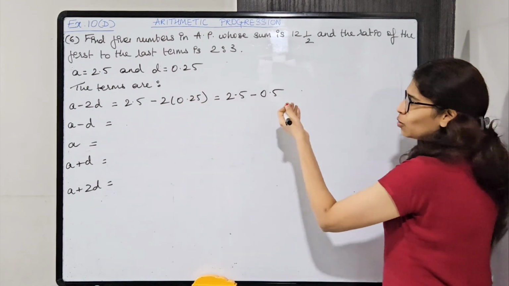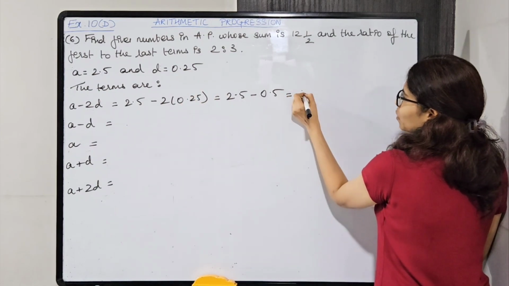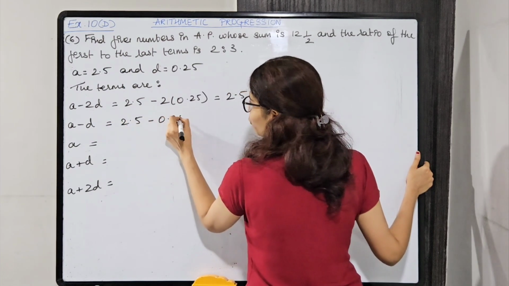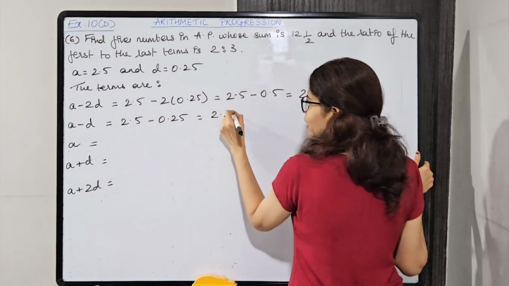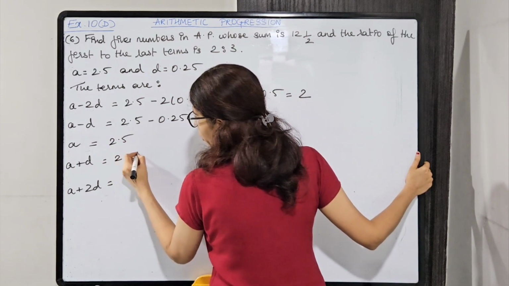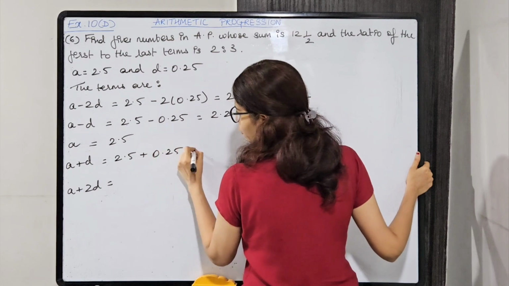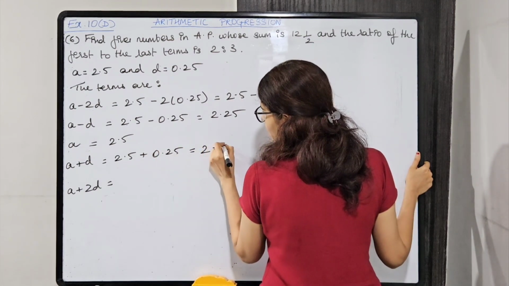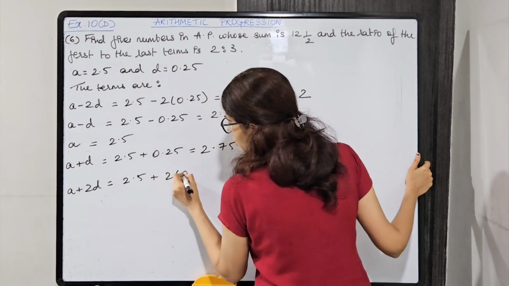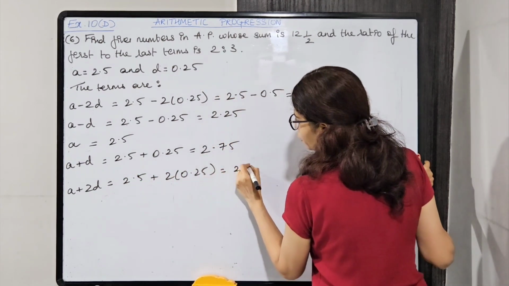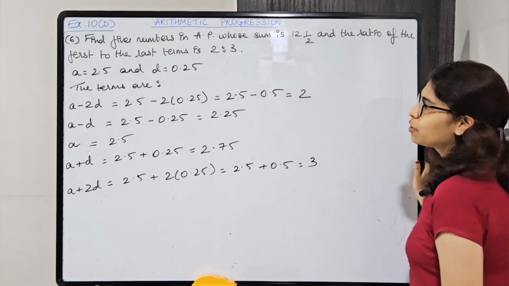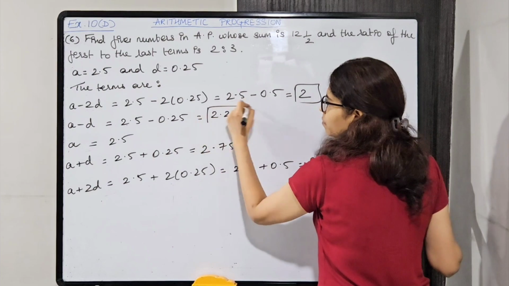Add 0.25 two times, that will give you 0.5, right. So this becomes 2. Next is 2.5 minus 0.25, that will be 2.25. Next will be 2.5. Next 2.5 plus 0.25, so 2.75, and 2.5 plus 2 into 0.25, that will be 2.5 plus 0.5, that is 3. So we got the 5 numbers.